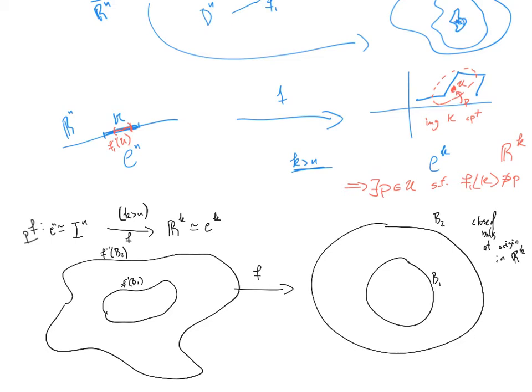So notice that we're in Euclidean space, so these guys are compact subspaces of I^N, so they're compact spaces. And since these are compact, F is uniformly continuous on either one, but in particular on the bigger one, so on F inverse of B2.